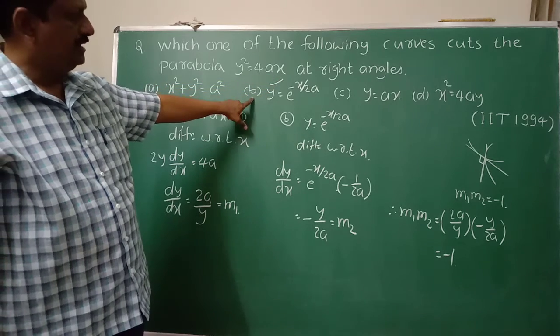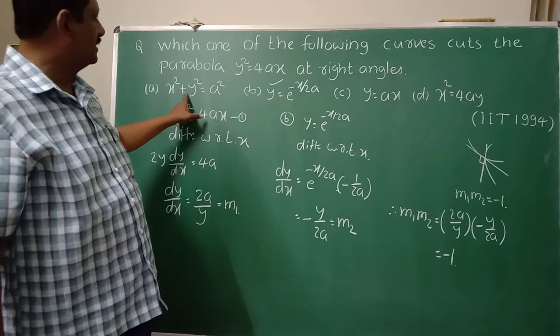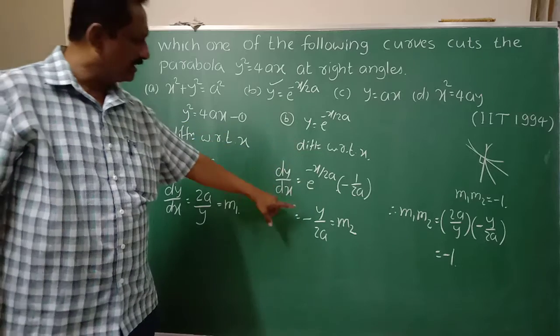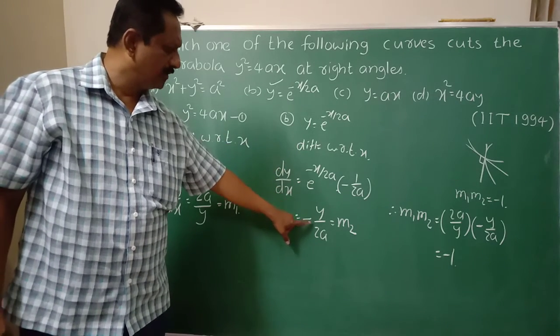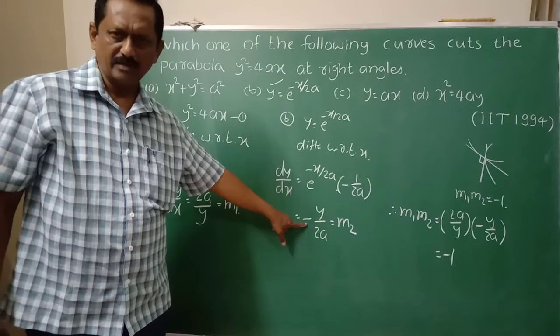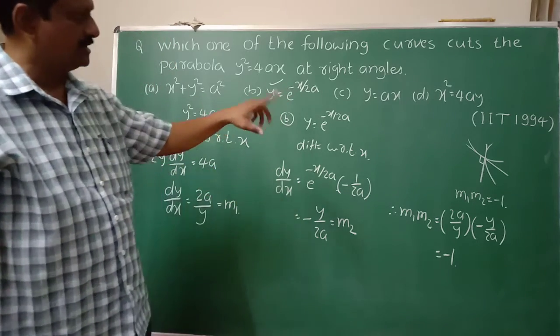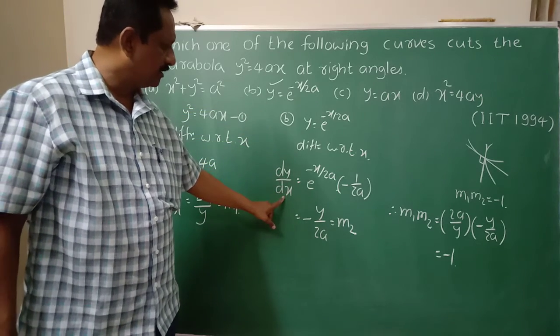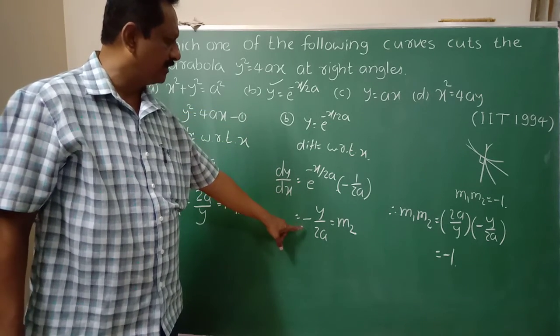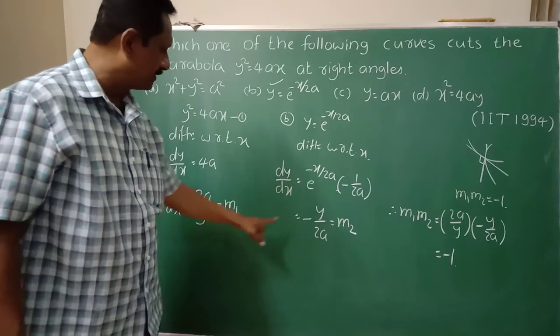So B is the correct option. If you check the other three, you will not get the slope of the tangent as minus y upon 2a, therefore the remaining three options are not correct. The second option is correct because the slope of the tangent is minus y upon 2a, and then the product becomes minus 1.